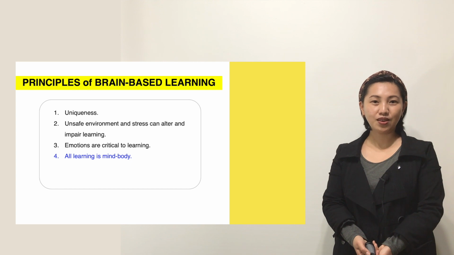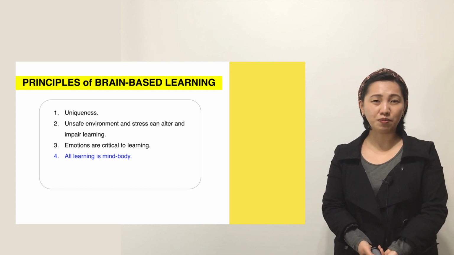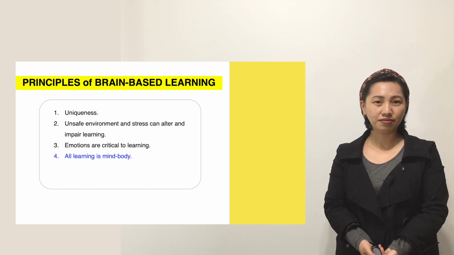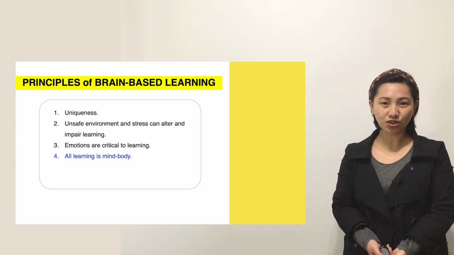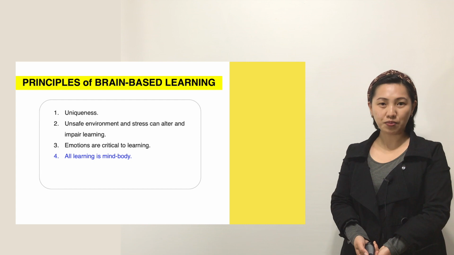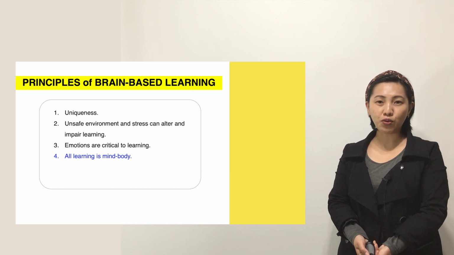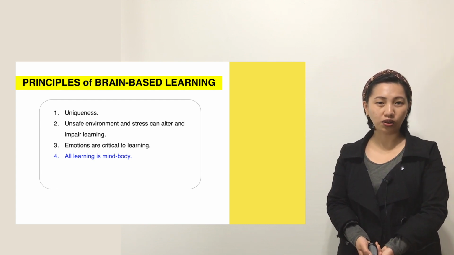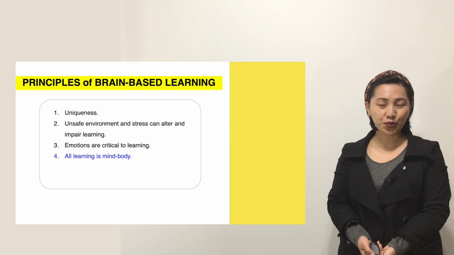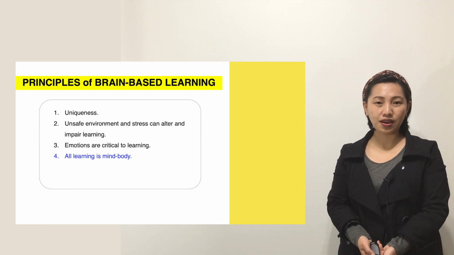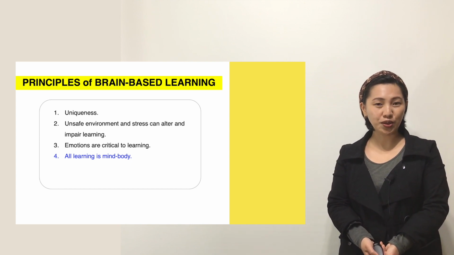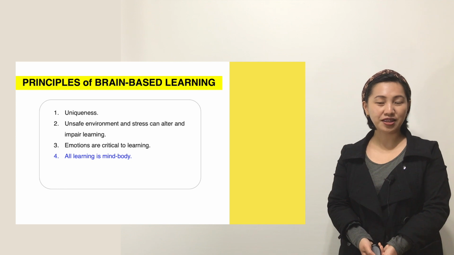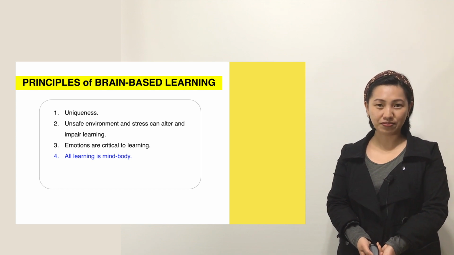Fourth, all learning is mind-body. Movement, foods, attention cycles, drugs and chemicals all have a powerful modulating effect on learning. What goes on with the body affects mental process and vice versa. It's not only the brain, right, that works in learning.